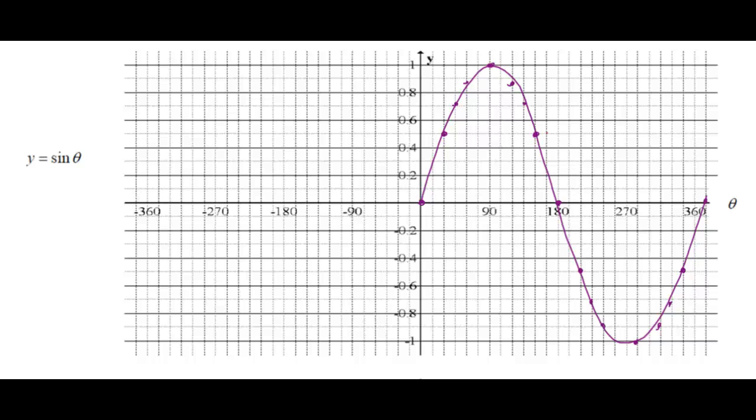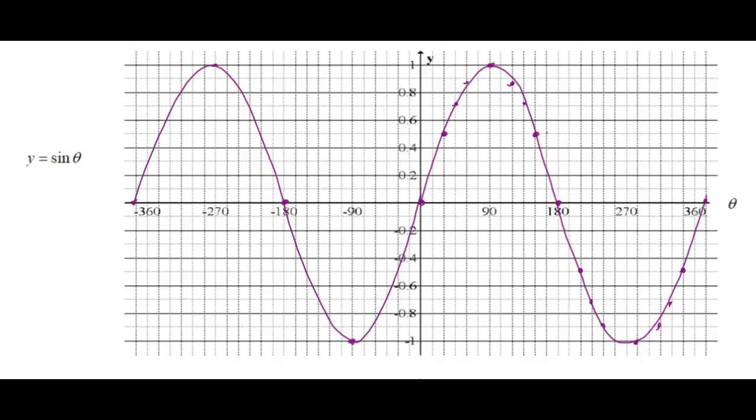And if you do the negatives, it's just a reflection in the y-axis, right? So from here, we can't start going up, we have to come down. And so all I'm going to do is just hit the highlights here, these guys, and use my mad sine curve sketching skills.